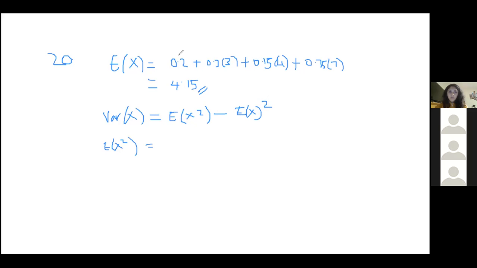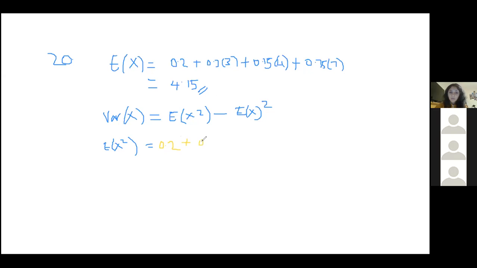And what this means is we had the different x's, so we had 1, 3, 4, and 7, and we're squaring each of them and then finding the expectation. So in this case, we would have 0.2 times 1 squared is just 1, so I'll just leave that out for now.